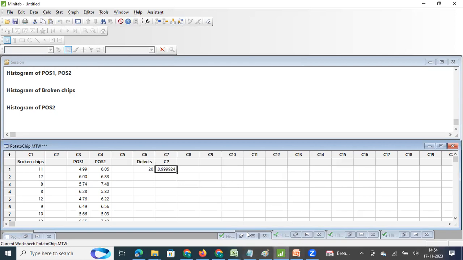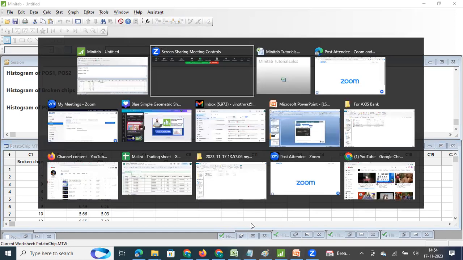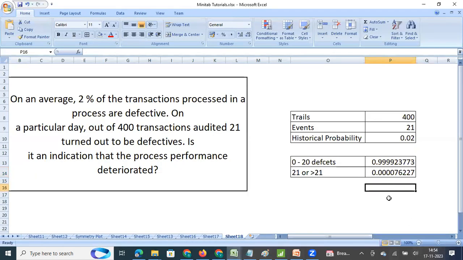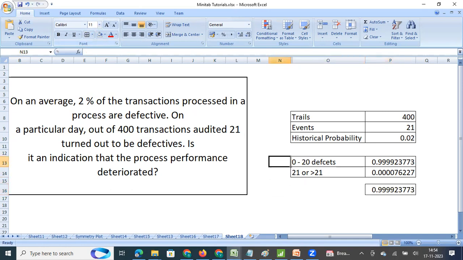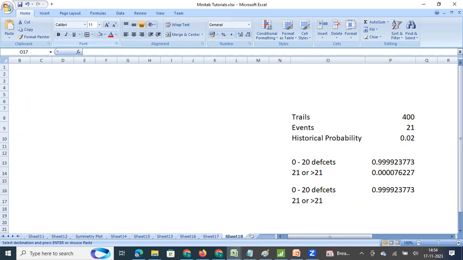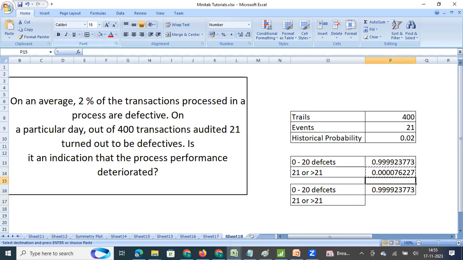So the same formula that we saw in Excel, the same data you will be able to find here in Minitab also. This is the Excel formula. This is the data that I have taken from Minitab. Both are exactly the same. And if I wanted to find out the difference, I can say equal to 1 minus this, and I'll still be able to get the same value.